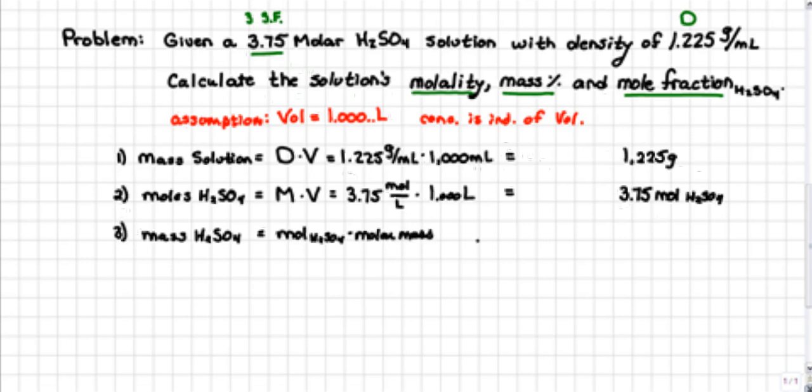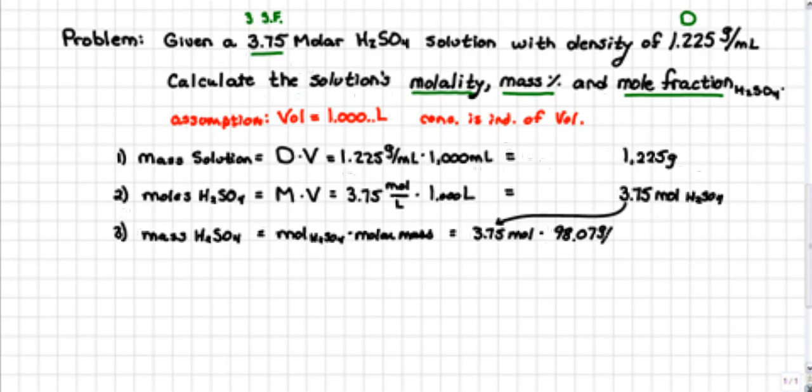And so we'll have to use the moles of sulfuric acid from the previous step. That's 3.75 moles of sulfuric acid, and we'll also have to multiply by the molar mass of sulfuric acid. You go to the periodic table for this and add up a couple of hydrogens, sulfur, and 4 oxygens, and what do you get?